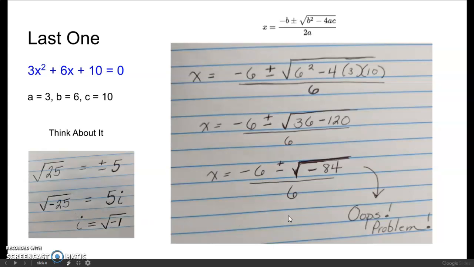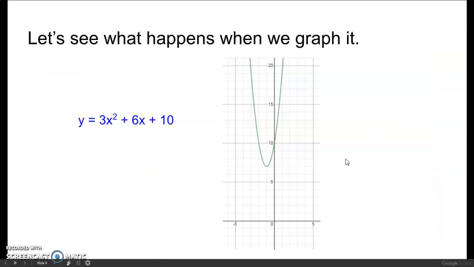All right, so back to this. Let's see what happens when we try to graph this thing. You can see what happens. Here's the issue. Here's your x-axis. There are no x-intercepts on this particular quadratic equation, which means there's no solution to this problem if y is equal to 0. Right?